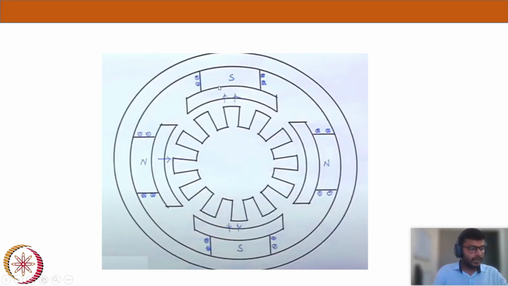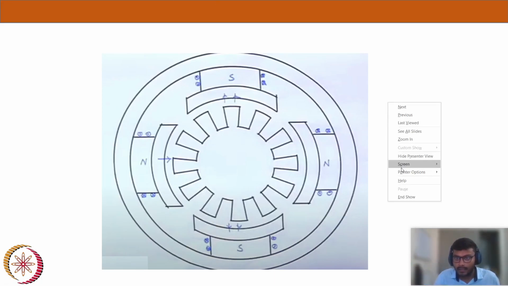So yeah, let me start. Here you are seeing a DC machine cross-sectional view. Let me take the pointer. These are stator poles, north, south, north, south, and the markings you see on each pole are the windings, and we call them field windings.